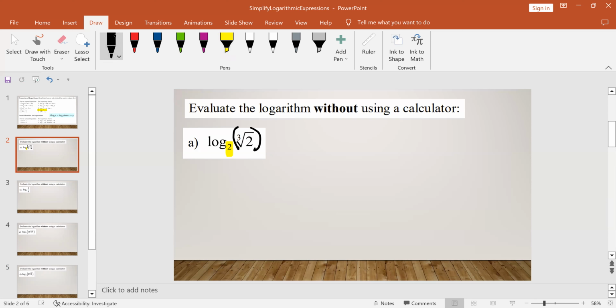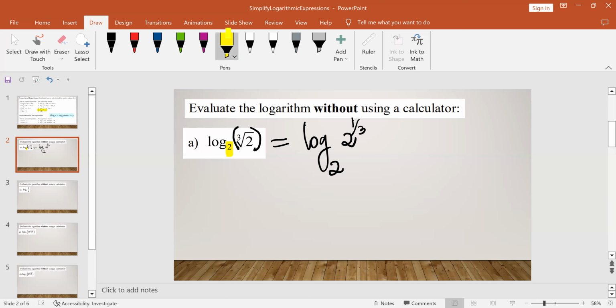So we're going to rewrite it as a logarithm. The base is 2, and the cube root of 2 will be 2 raised to 1 over 3.